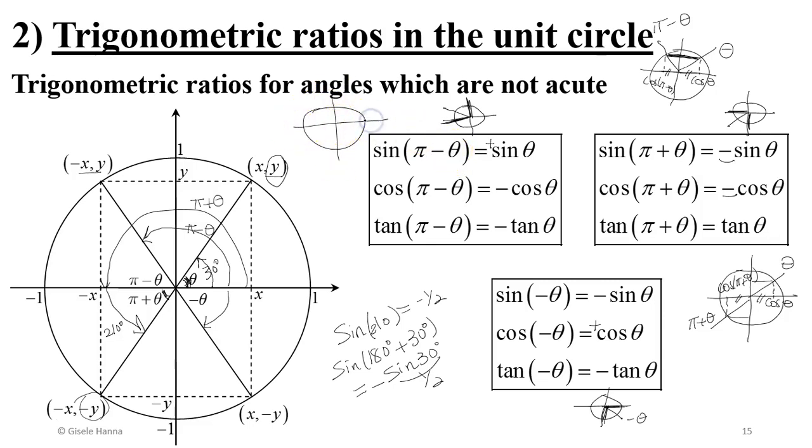If theta is 150 degrees, this is 150 degrees. If you consider negative theta, negative 150, this is negative 150. You'd notice they still have the same cosine and they have opposite signs. So these identities work for any angle theta. But in order to determine the accurate signs quickly, you'd consider as if theta is acute.